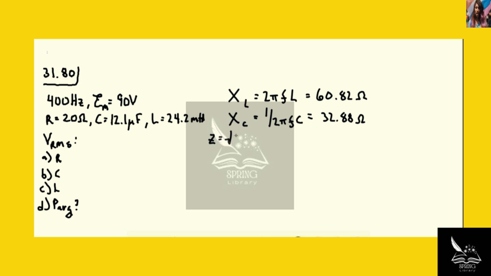So the magnitude of the net impedance is the square root of R squared plus (XL minus XC) squared, which is 34.36 ohms.